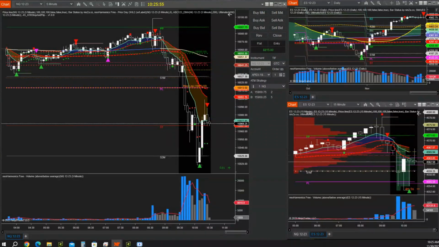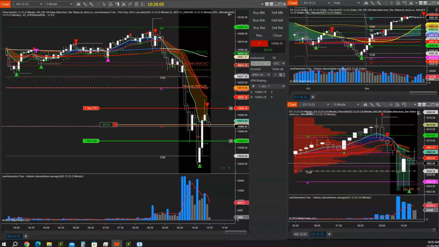I might get in one. I'm going to go ahead and get in one, see if we get down to that low right there. We've also got this ATR. Even though it's green, so we're flipped to more bullish on the ATR, that's just one side of the story.